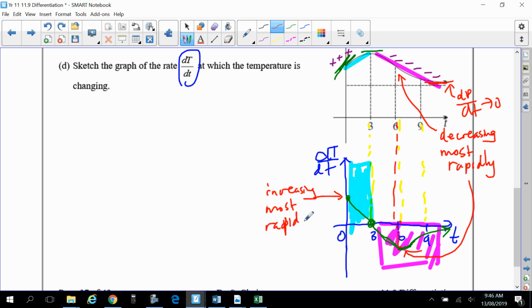Again, I would suggest you annotate and have an understanding of the correct interpretation of what it means. That's when it stops increasing. So it's increasing but slowing down, stops increasing, and then starts to decrease. Then decreasing most rapidly, and then starts to go back to 0.